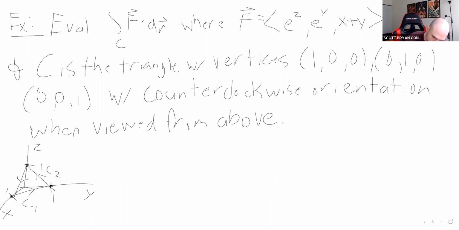This is C2. And this is C3. We're going to do each of these integrals separately. I'm not going to do all 3 of them. I'm going to parameterize all 3, and then we'll do one of the integrals, and the other 2 work the same way. So let's parameterize these.